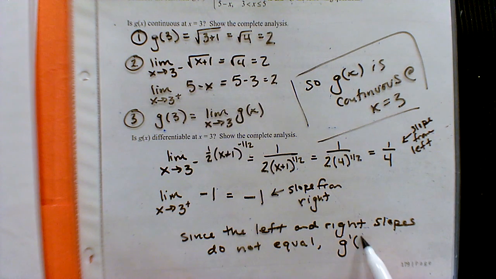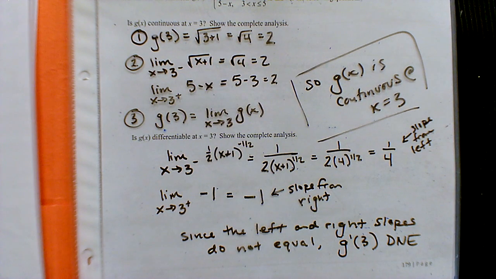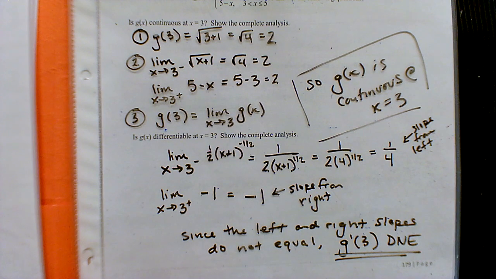You could say g prime of 3, the derivative at 3, does not exist, something like that. So even though it's continuous, the points there and the limits there, the slopes are not matching up. We did all of that without a graph. So we're going to use some calculus to help us identify those characteristics. We'll stop there for today.